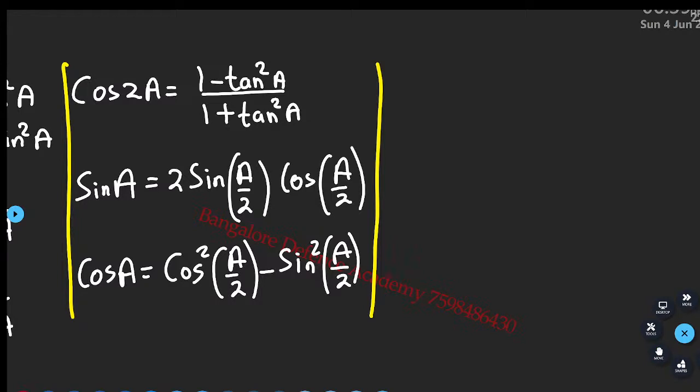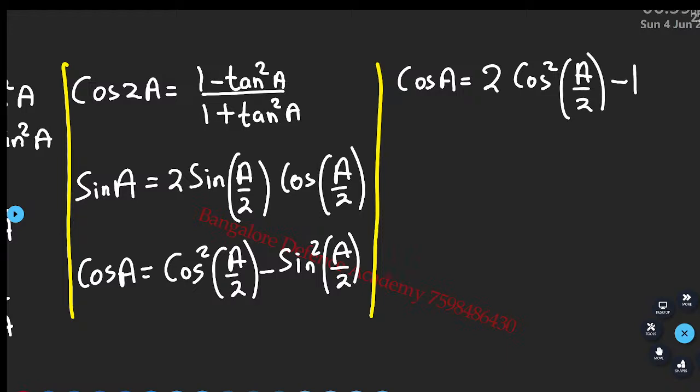Next, cos A is equal to 2 cos square A by 2 minus 1. 1 plus cos A is equal to 2 cos square A by 2.